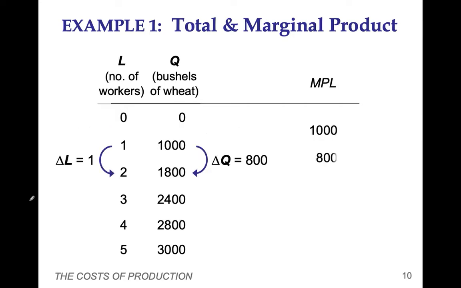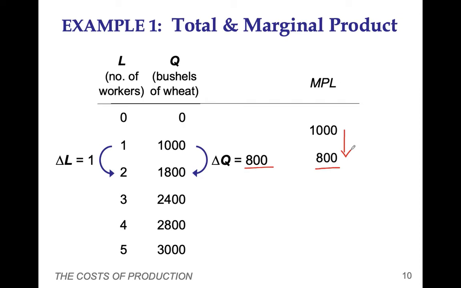If worker number 2 produces 800 bushels of wheat, the MPL becomes 800. Observe that as we increase the number of workers, the marginal product of labor is decreasing.